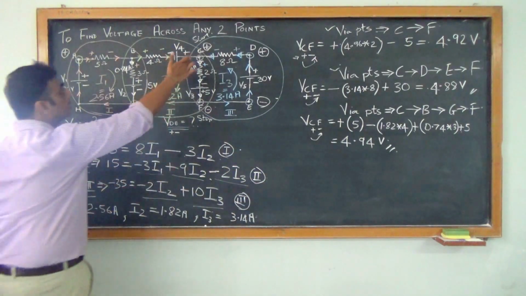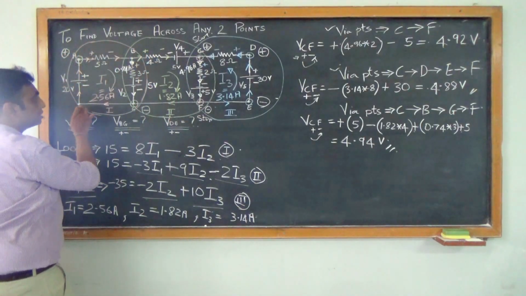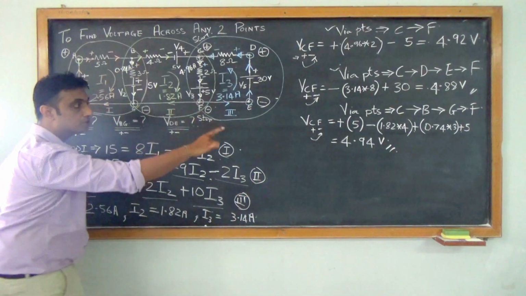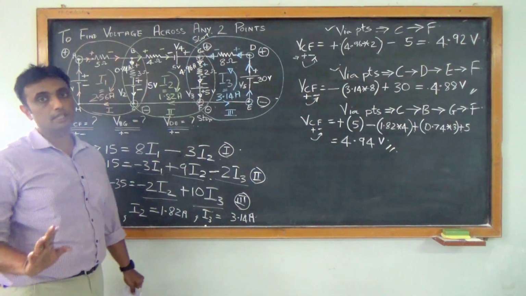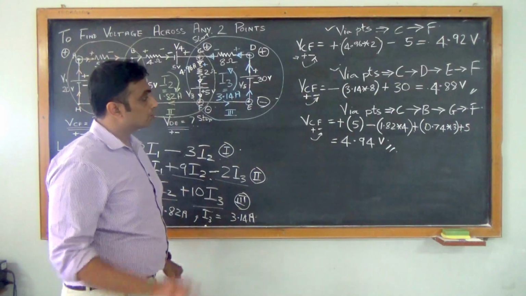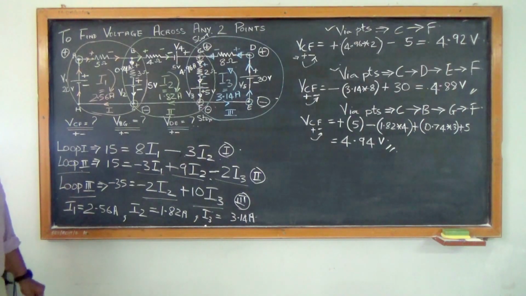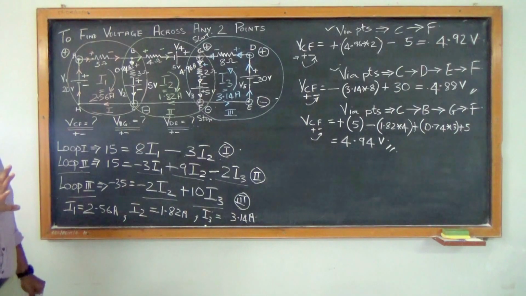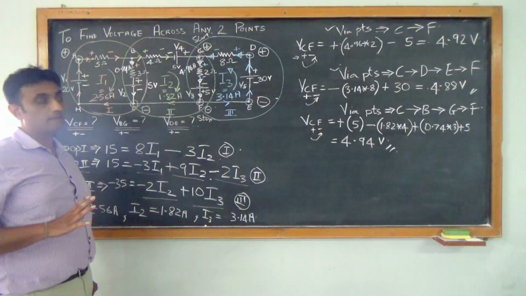Even if you take C to B, B to A, A to H, H to G and G to F, you will get the same value, roughly 4.9 volts. So you will get 4.9 volts no matter which loop you take. So any loop is possible, but what has to be considered is the shortest way.